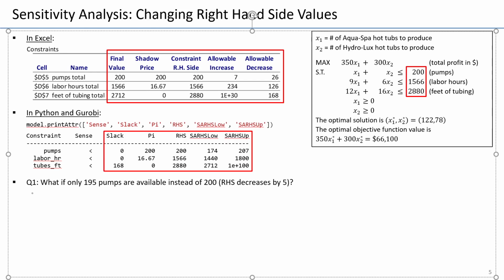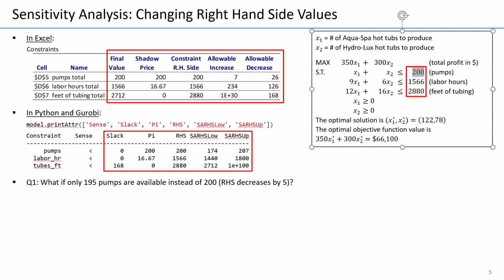So how can we analyze this information, again, using the sensitivity report? If you recall what I said about objective coefficients, the same applies here. We could basically plug 195 into the right-hand side, update our Excel or Gurobi Python model, and just resolve and see what happens, right?